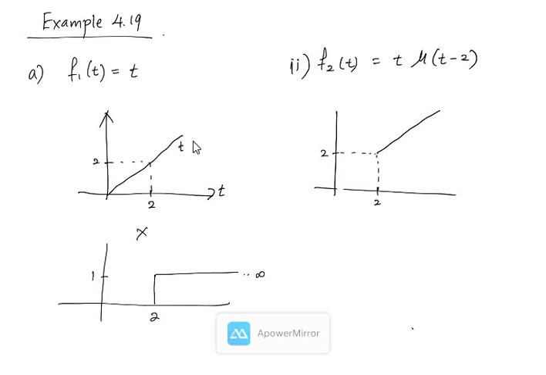Also beyond the 2, you have the value, multiply with 1, you get the value. So that's how you get the value of this.